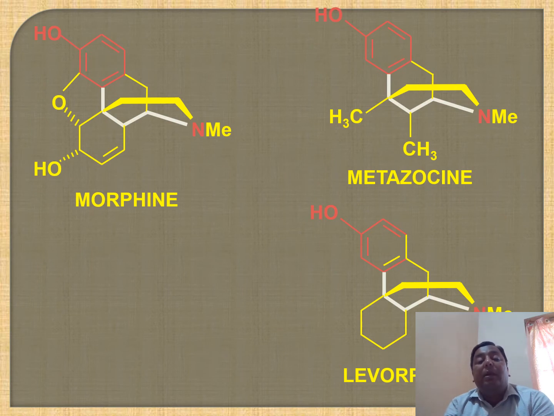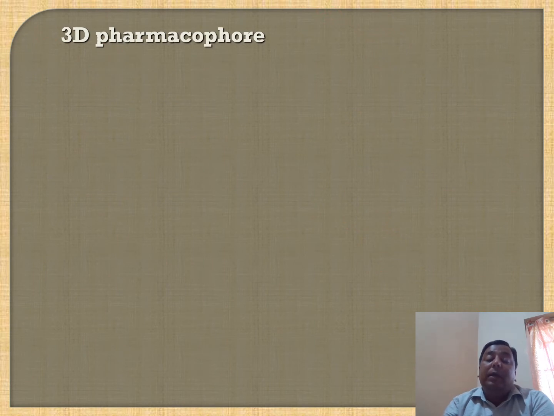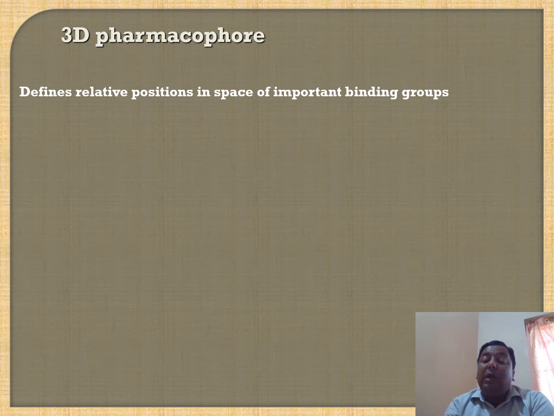Here, these three compounds have the same features as morphine has, like one ring OH and one nitrogen, and we have to map these features, which respond as a common pharmacophore. In a 3D pharmacophore, this is one example of 3D QSAR modeling. So now we have to map those relative positions in space which are important in the binding.